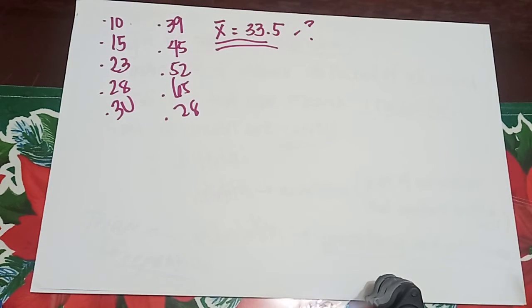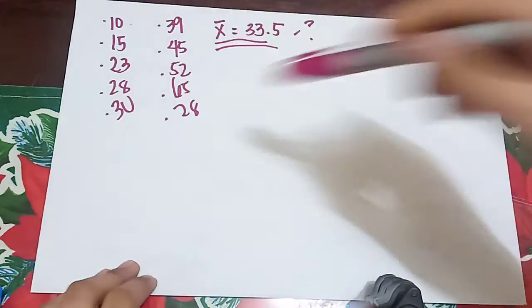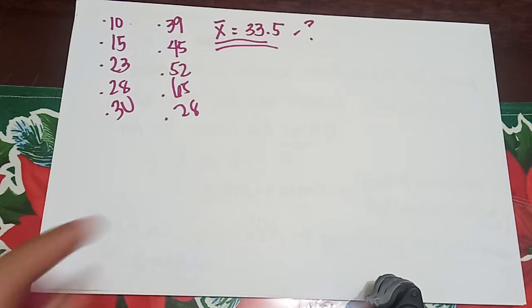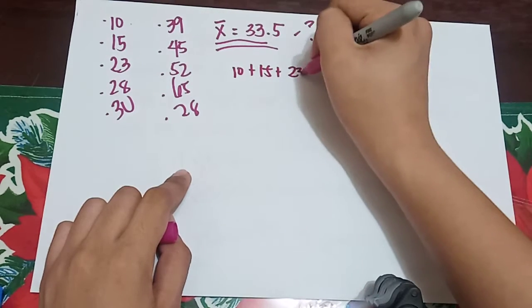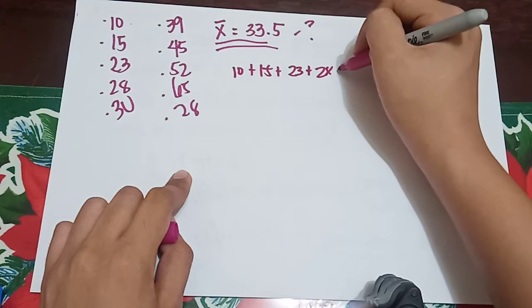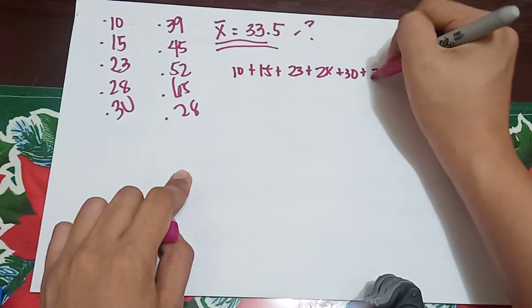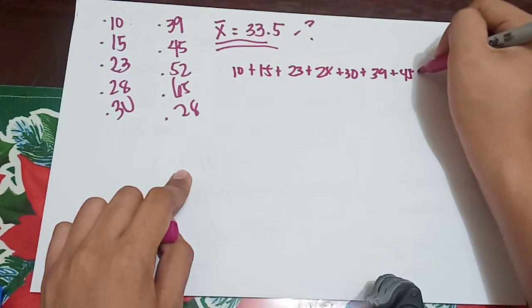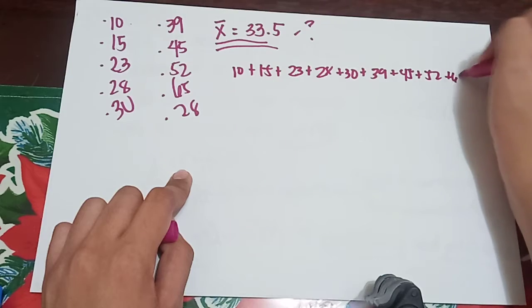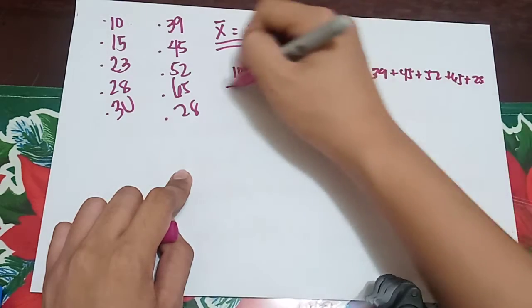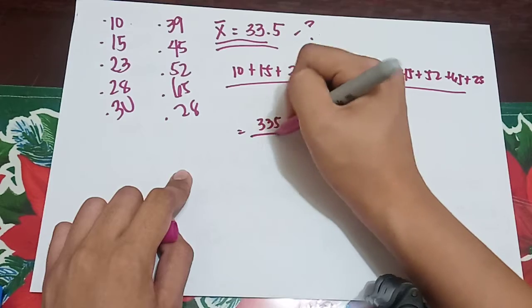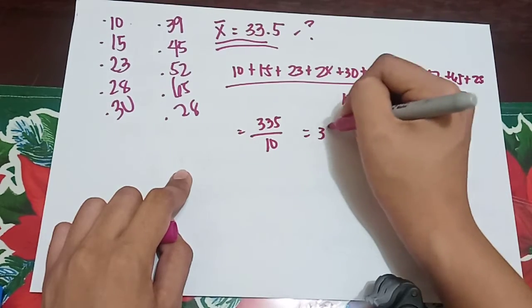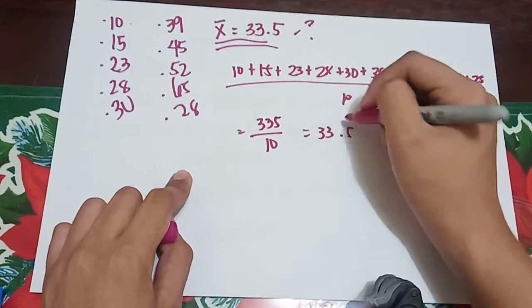Okay, so upon computing the set of scores: 10 plus 15 plus 23 plus 28 plus 30 plus 39 plus 45 plus 52 plus 65 plus 28, divided by 10, will result to 335 divided by 10, which will result to 33.5.